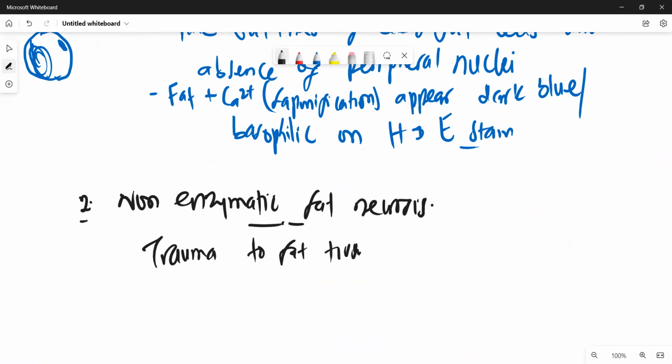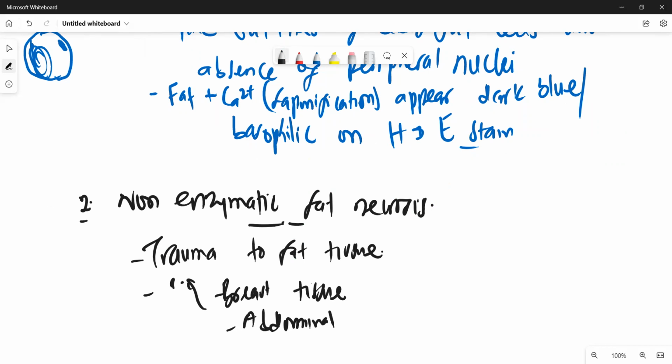And this usually occurs in areas of our body where we have a lot of fat, for example the breast tissue, and we can also see it in the abdominal fat. In those areas, we can see non-enzymatic fat necrosis. So basically, this is a type of fat necrosis where no enzyme is involved. It's just as a result of the trauma.